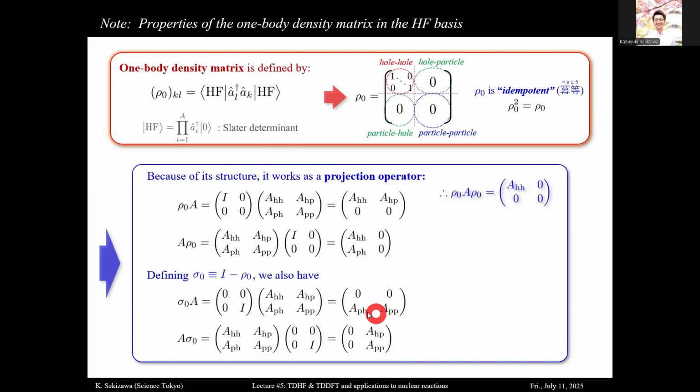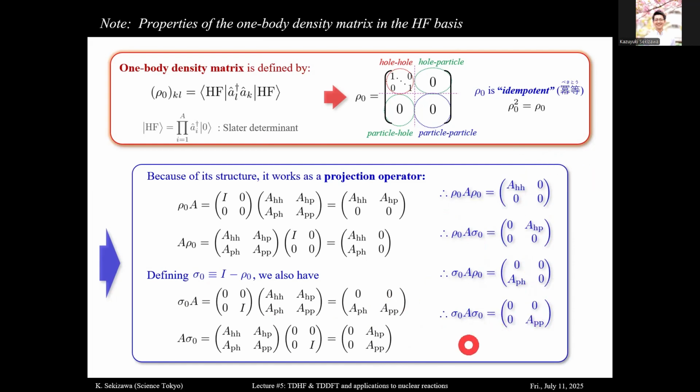And acting from the right, you get the right components. And then by acting with rho 0 and sigma 0 in this way, you can pick up the whole component, whole-particle component, particle-whole component, and particle components.